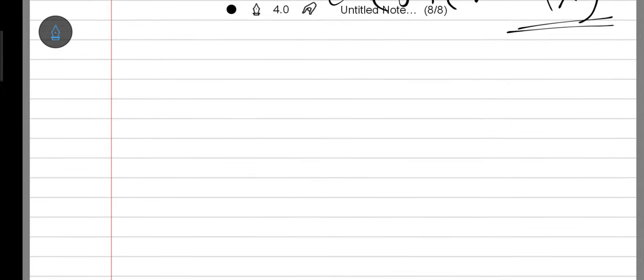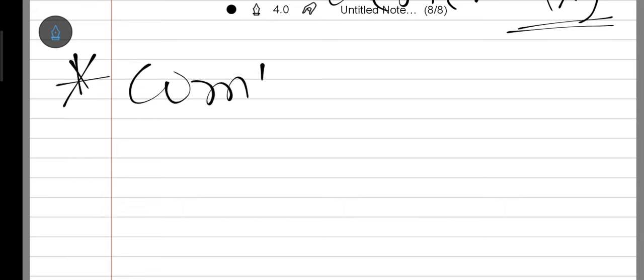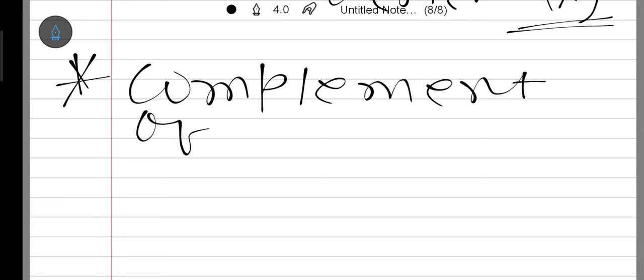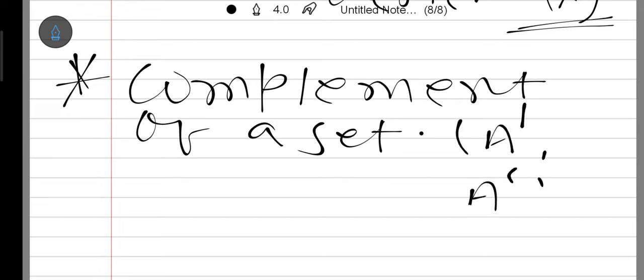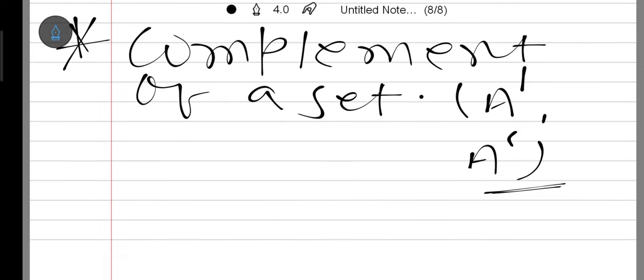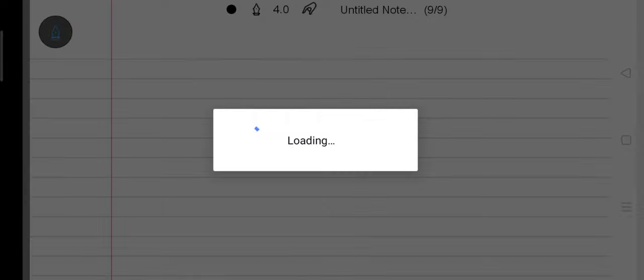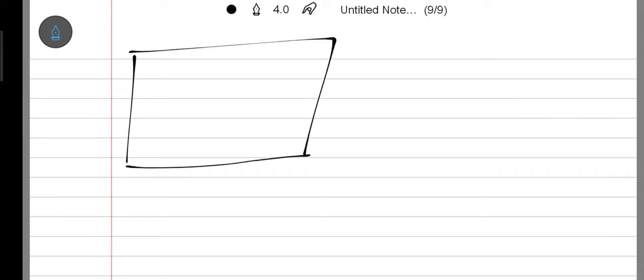So now the next thing that comes is the complement of a set. This is very simple, and the sign used for this is either written like this or like this, complement. See, this is a very simple thing. We have already learned about complementary angles in your junior classes, so this is not much hard. So you just make a Venn diagram, put A here and put U here.